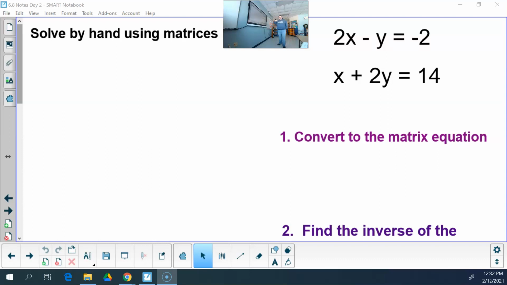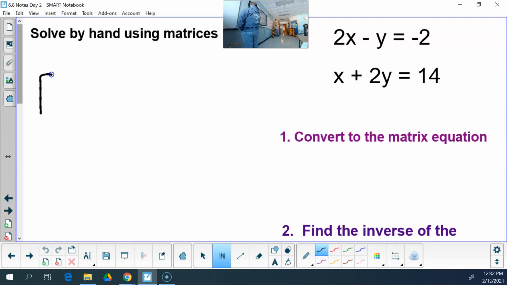So the first thing that we learned yesterday, we have to convert our equation into a matrix equation. So the first matrix is the coefficients matrix: 2, negative 1, 1, and 2.